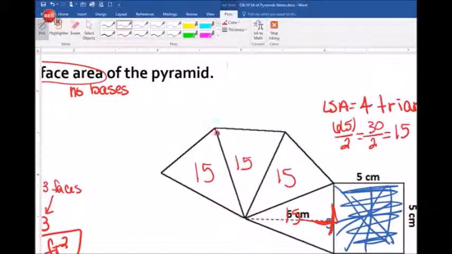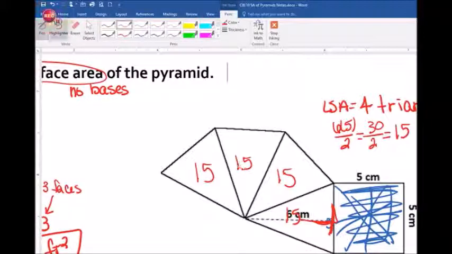I also want to note that I am writing the areas inside of these shapes. This just lets me keep track of the information that I have already found. I know that I have 4 triangles. I can see the 4 15s. So I can tell by looking at this that I am going to have to multiply 15 times 4 to find the total surface area. Or no, not the total surface area, the lateral surface area.